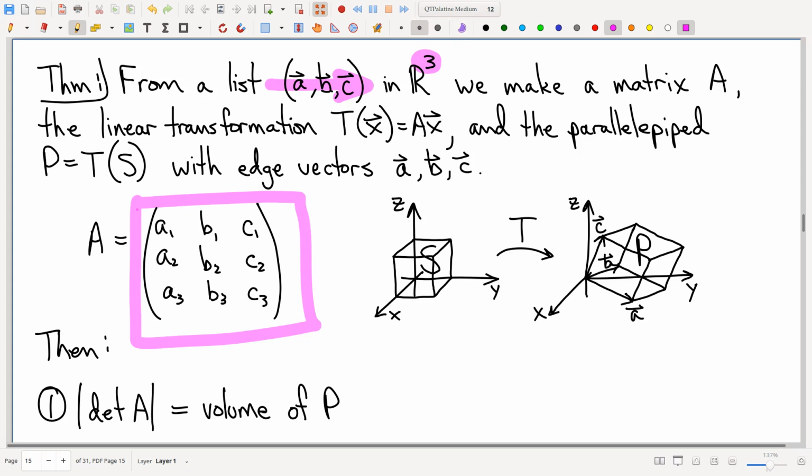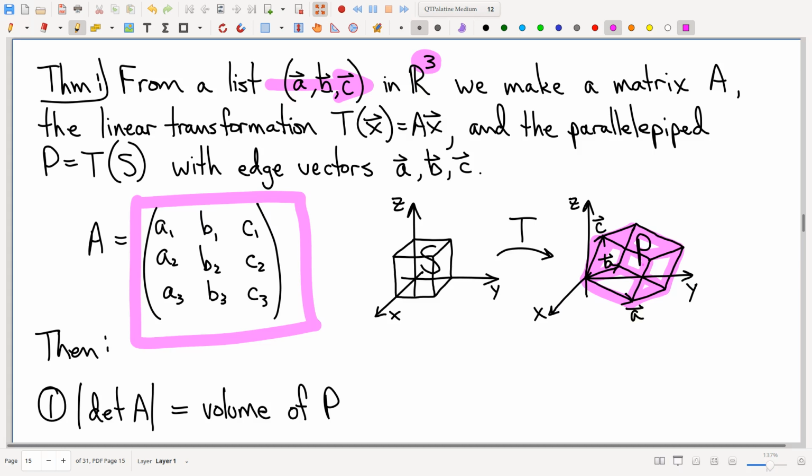Et cetera, et cetera. It's a parallelepiped instead of a parallelogram. It's got volume instead of area. Totally analogous. Copycat. If you had to guess what the result of this theorem would be, you would guess correctly.